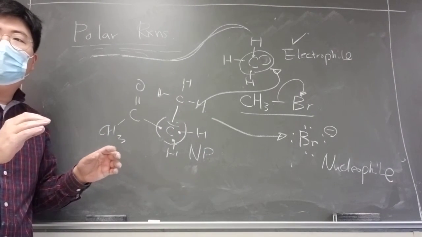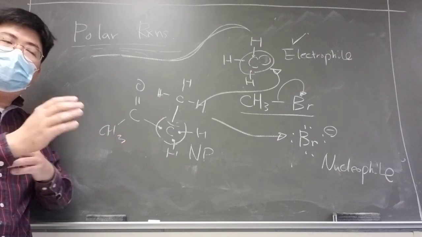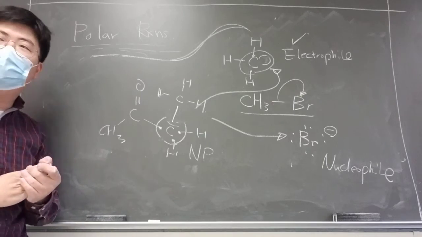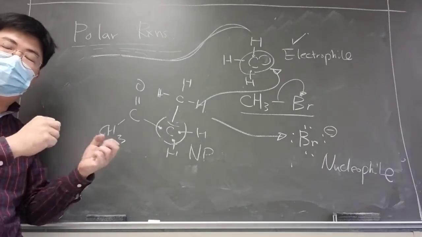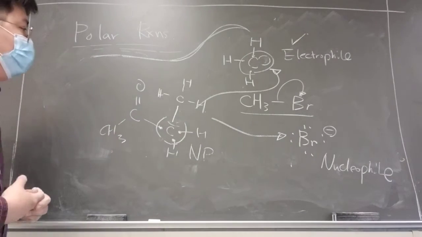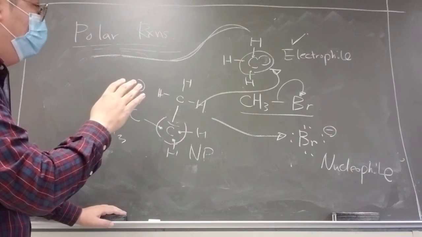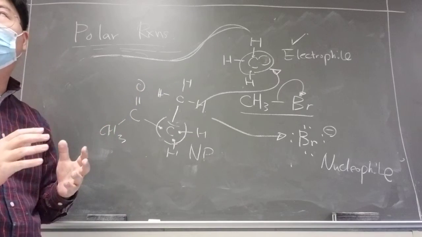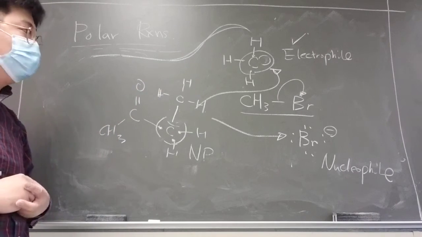So it's actually pretty simple. If you know plus and minus, opposite charges. I don't know if you can recall, but this is Coulomb's law. Positive, negative, they're attracted to each other. But anyway, you don't have to know. So this is a common rule you can apply for many polar reactions you'll see in organic chemistry.